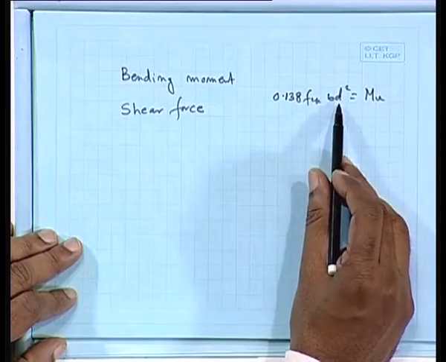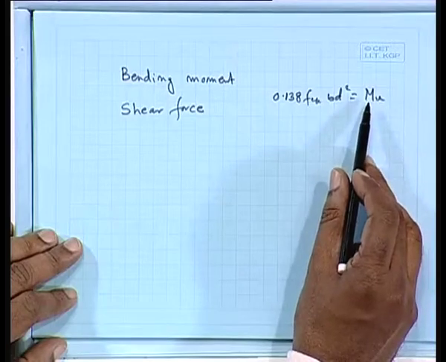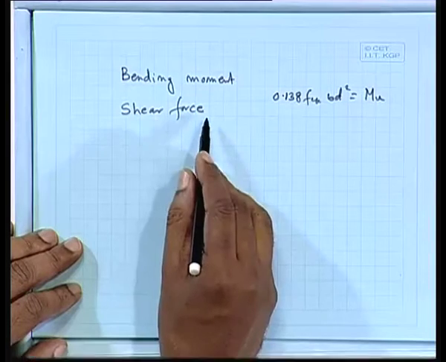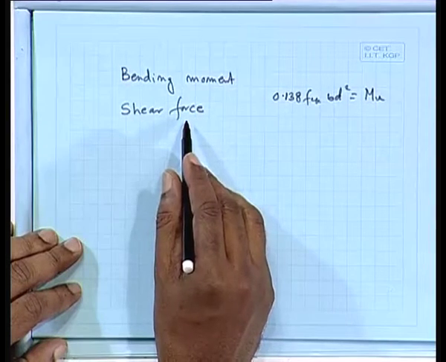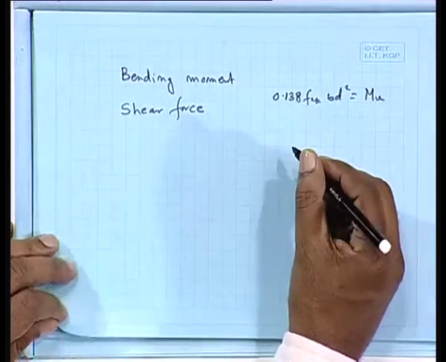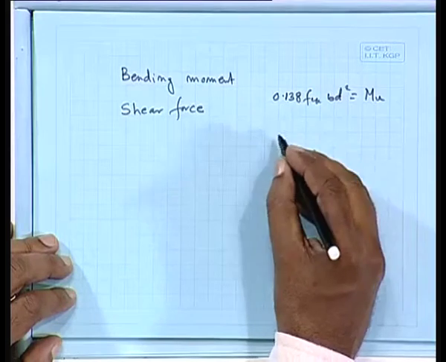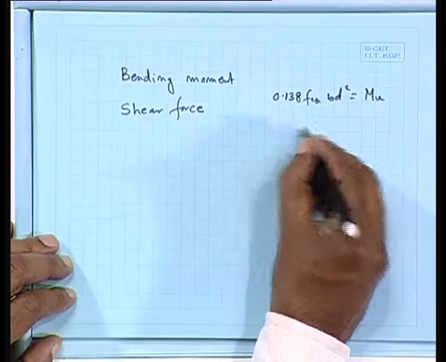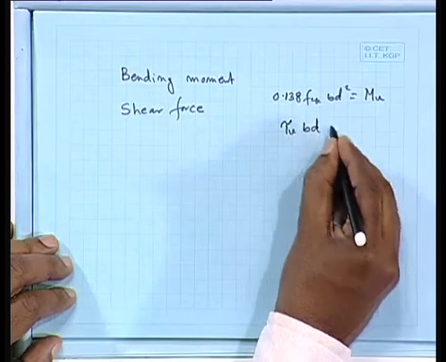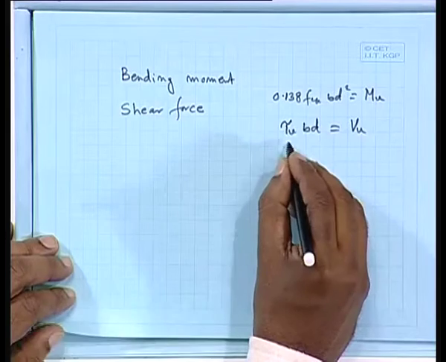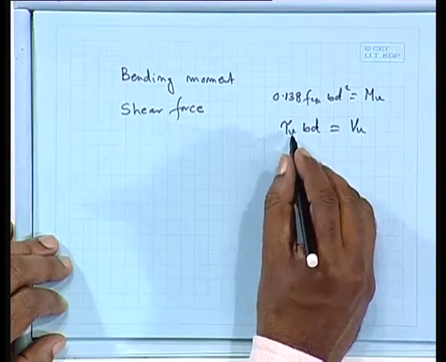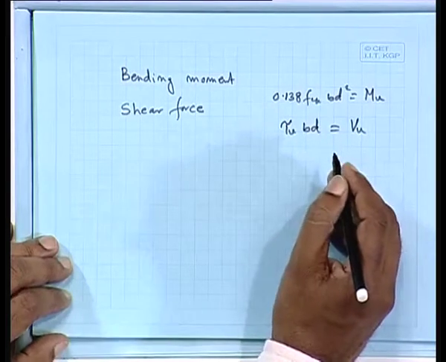So, we can find the depth directly, where Mu is the ultimate moment developed due to the applied load. For shear force, we have Vu, from which we can find the shear stress developed, tau v, where tau v times b d equals Vu. We can also find the critical stress, and from tau v minus tau c we can provide the shear reinforcement.